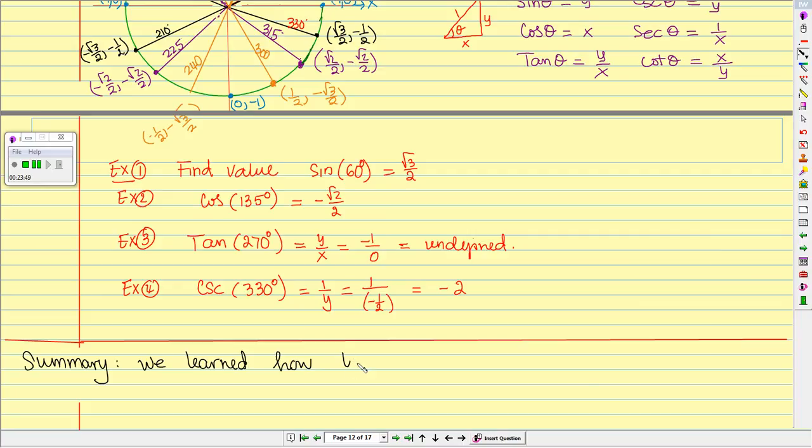We learned how to find values, and I have to be more precise, how to find trigonometric values using the unit circle.